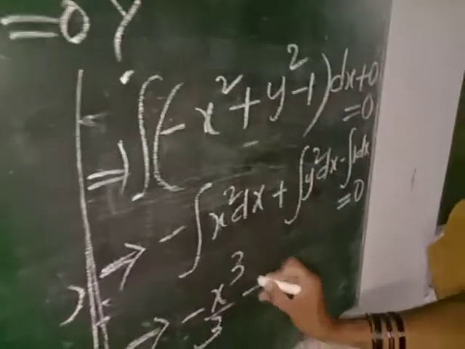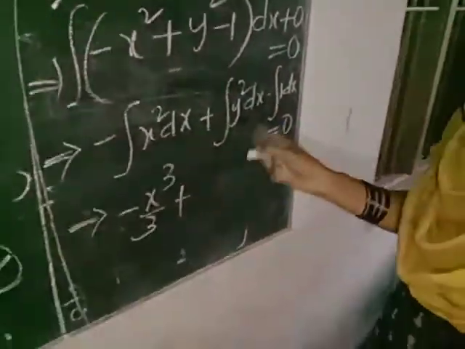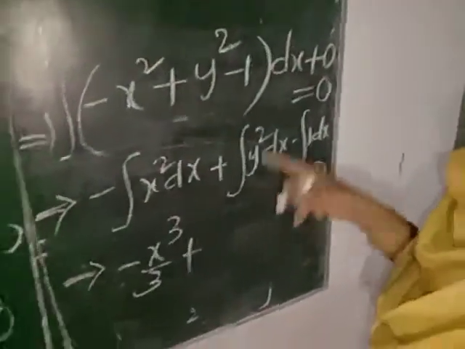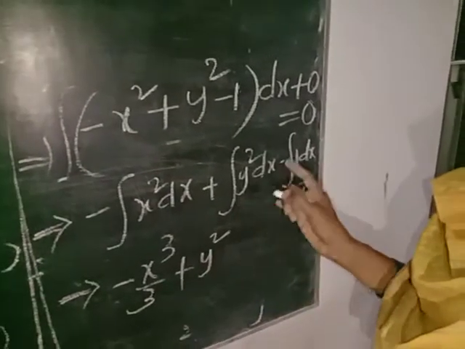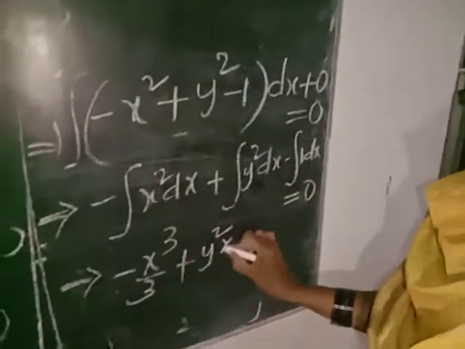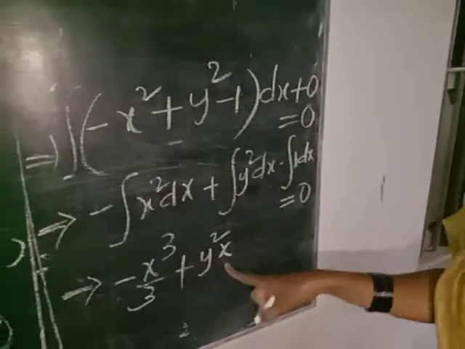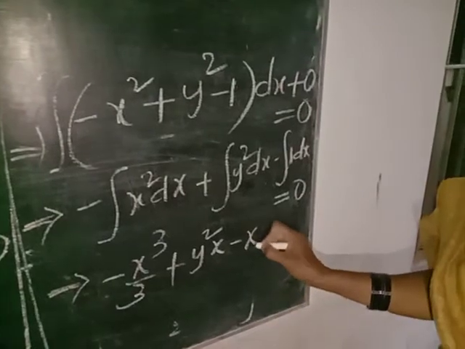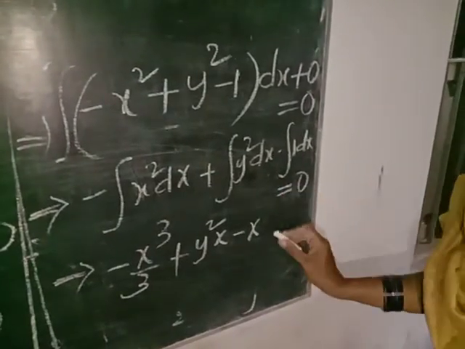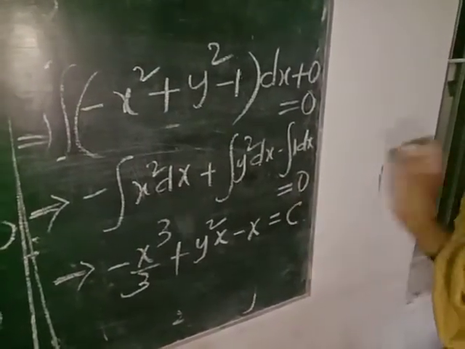Here y is constant, so y square is constant, and integral of dx is x, so y square x. Minus integral of 1 dx is minus x. After integrating, we add the constant c.